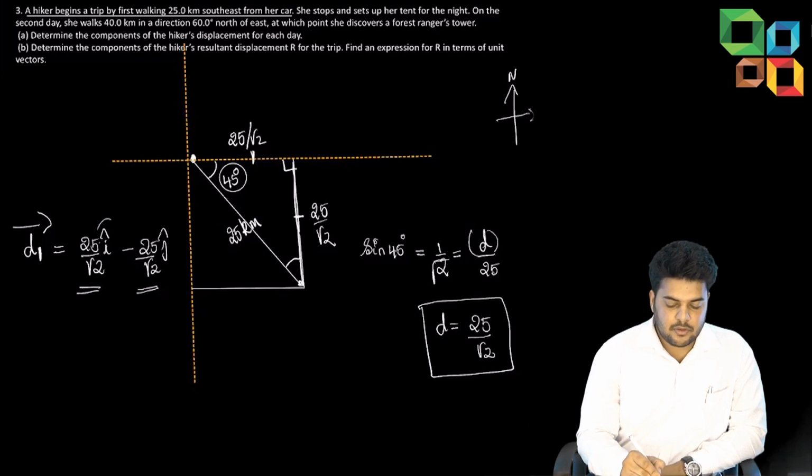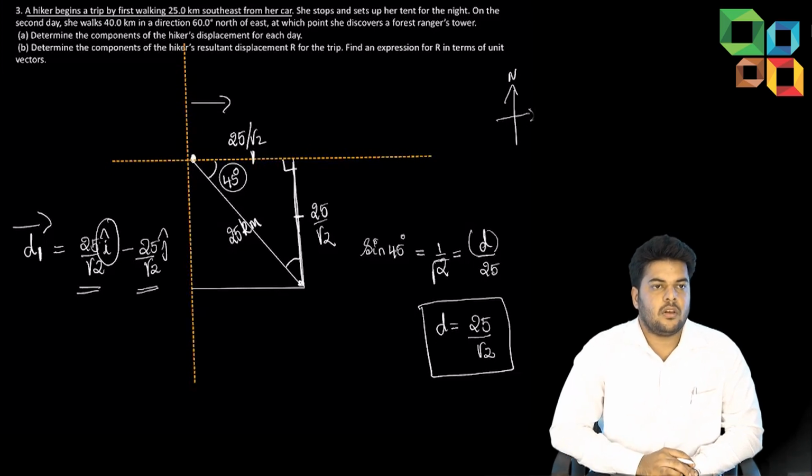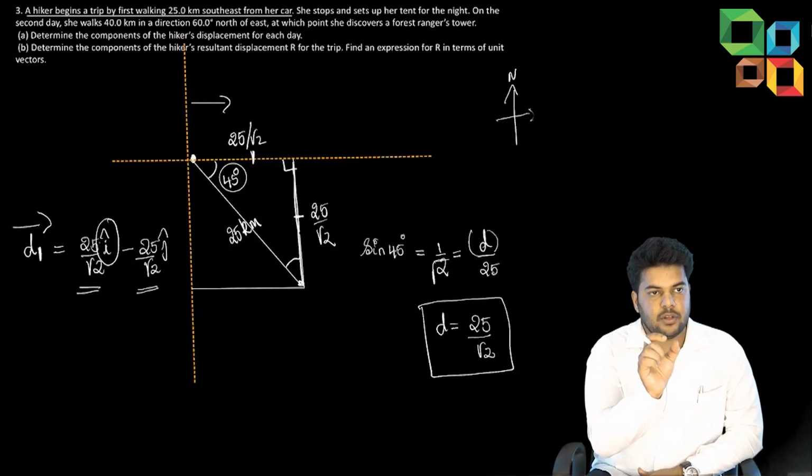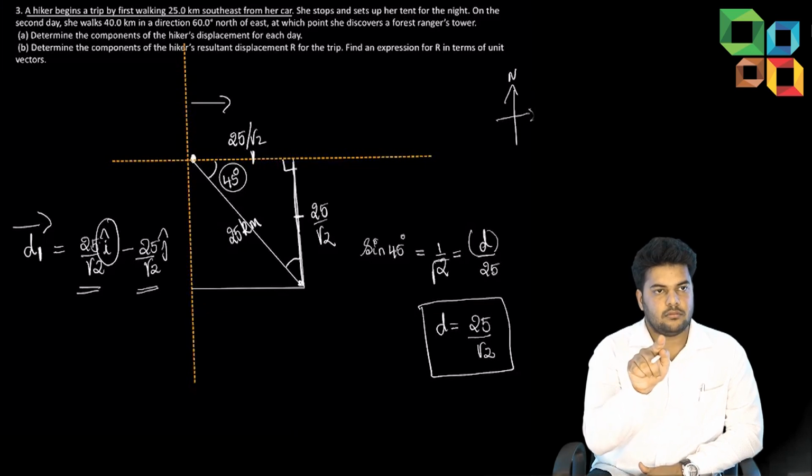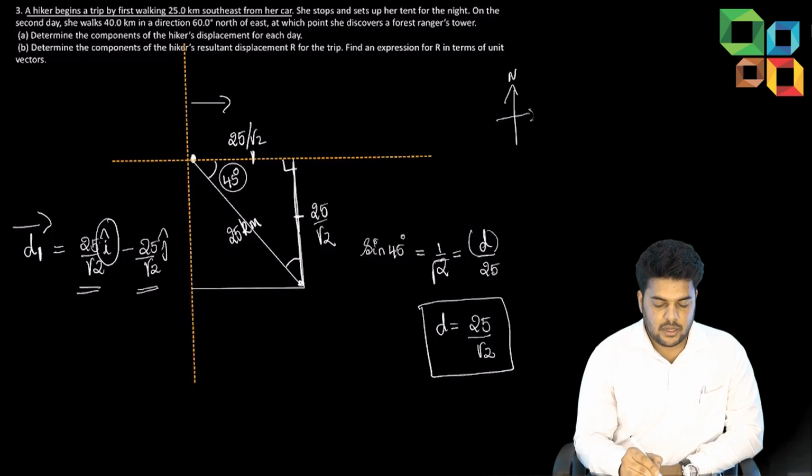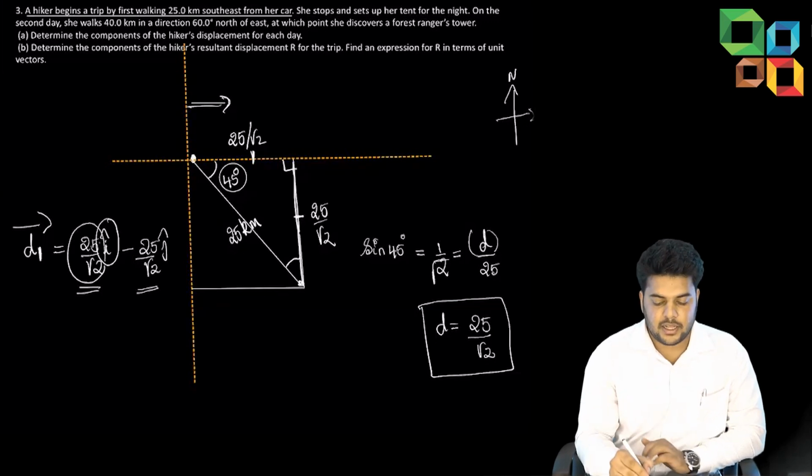So I cap is a vector in the east direction, or actually in the x direction. I cap is a unit vector, you understand, right? So it's got a length of 1. So 25 by root 2 I cap, that's one magnitude vector.